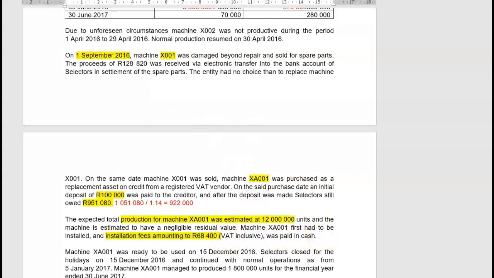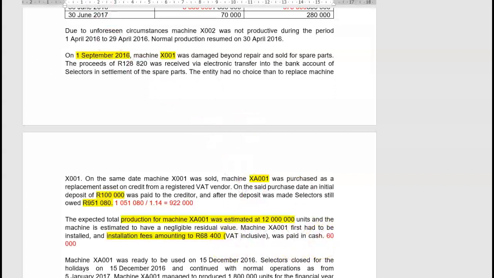So obviously a part of our cost price will be the 68,400 Rand divided by 1.14, and that equals 60,000 Rand. Good. So what is the total cost price of this asset? 922,000 plus 60,000 Rand. That will give us a total of 982,000 Rand.